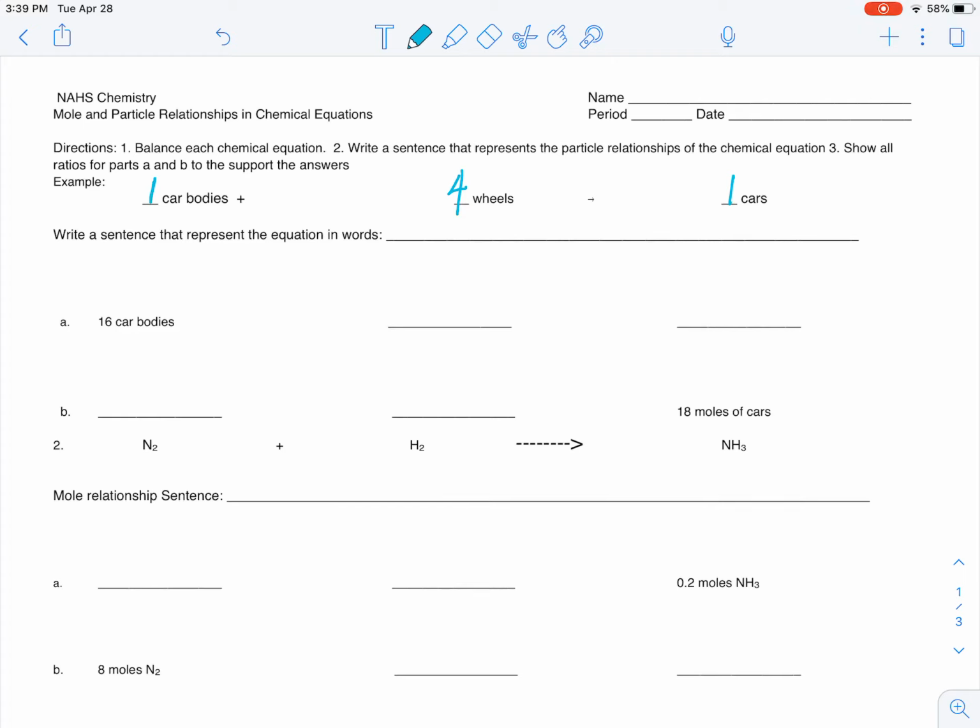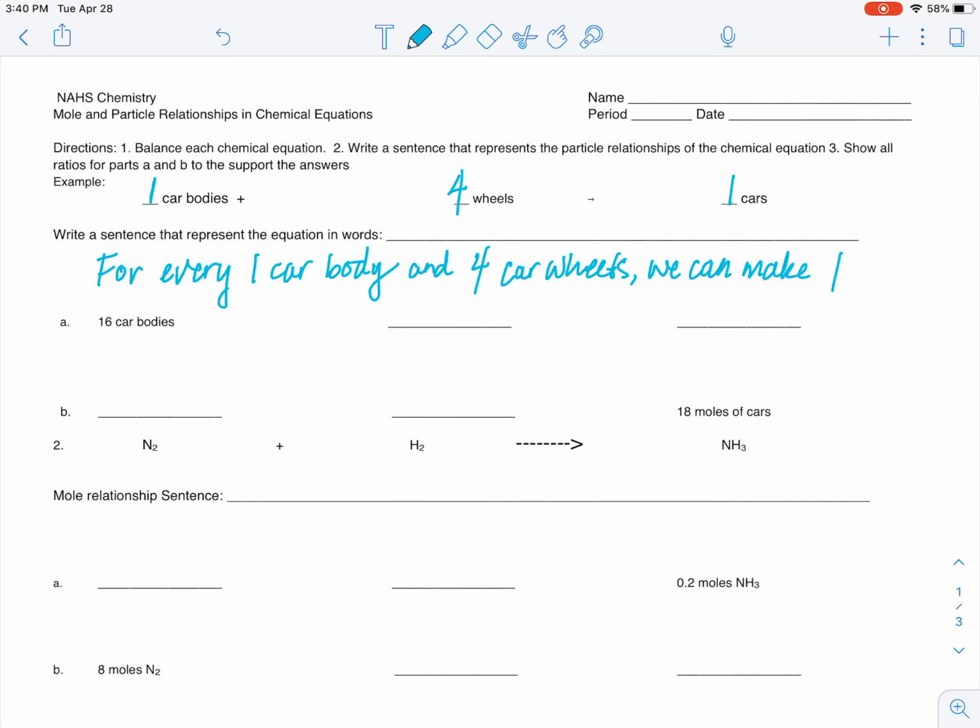So if we're writing or representing this equation in words, we would just say for every 1 car body and 4 wheels, we can make 1 car. And by we, I mean the car manufacturer, right?